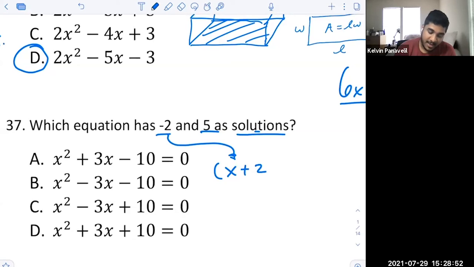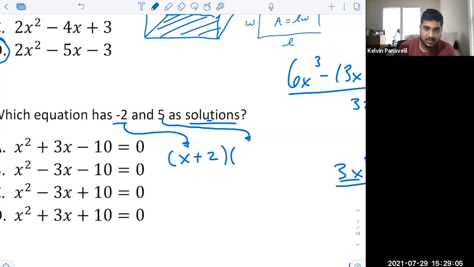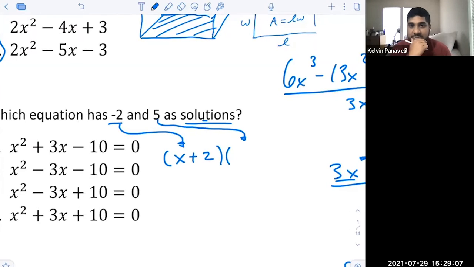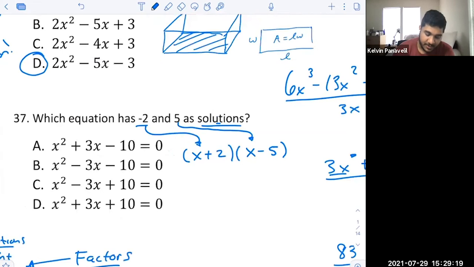And then if 5 is a solution, the factor is going to be what in the chat? Let me see a few more answers. There we go, x minus 5. Good stuff.